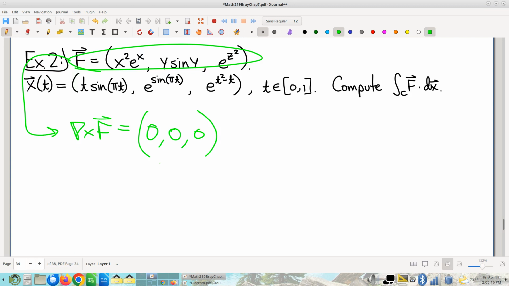Real quick observation, not that this happens a huge amount, but notice that my first coordinate is a function of only x. My second coordinate is a function of only y, third coordinate only z. So when I'm taking various cross partials, I'm always taking derivatives of constants. So this is just a bunch of zeros, and curl is 0. Is that cool?